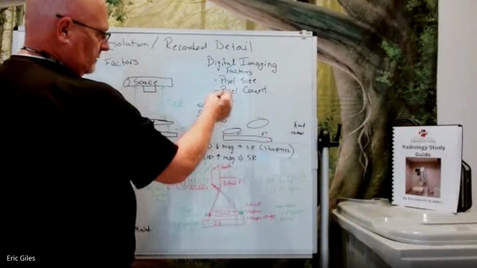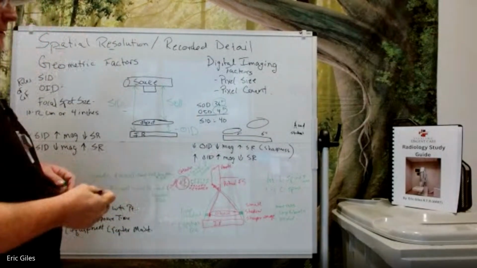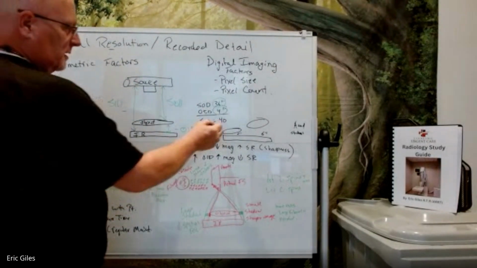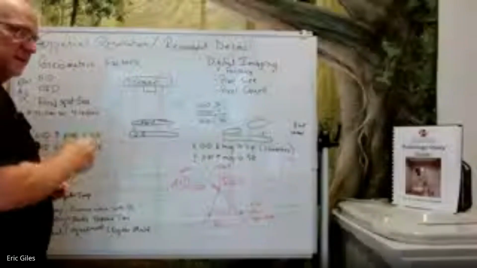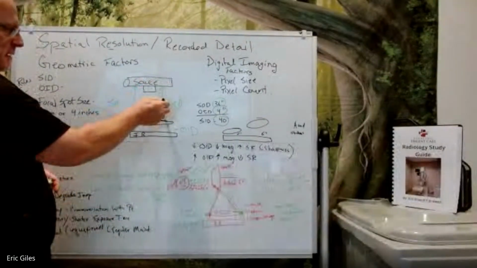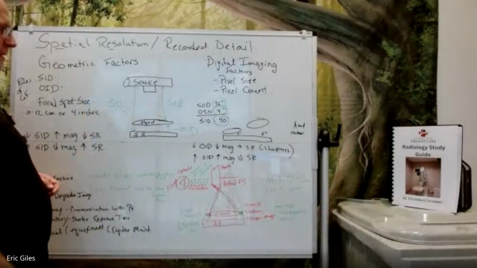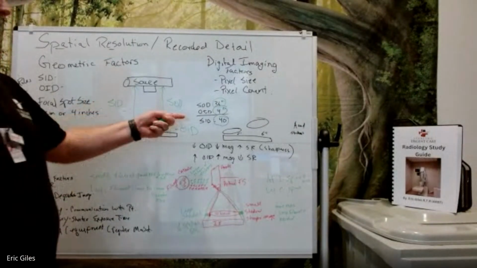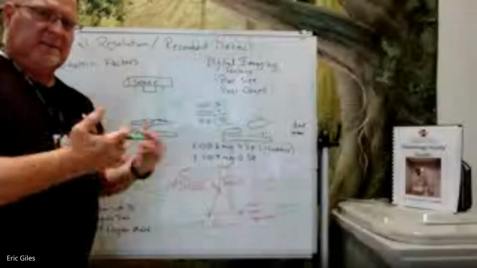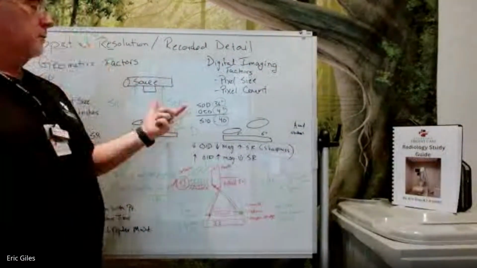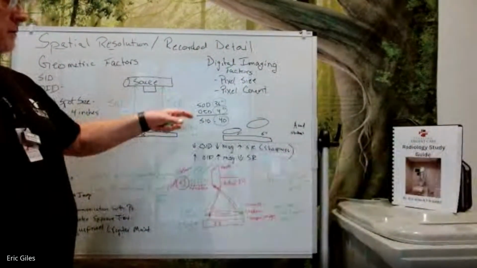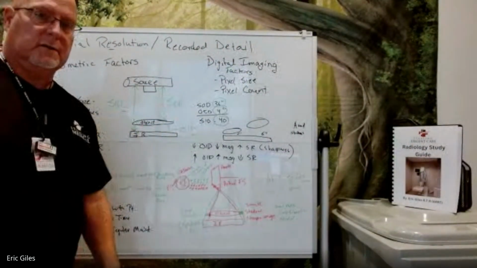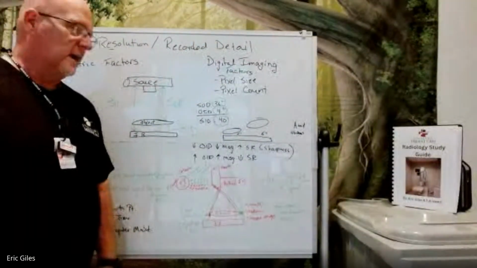Okay, so if we do our math here, 36 plus 4 is 40, right? That equals our source to image distance. So our SOD plus our OID equals SID. Now these can be extrapolated out any way to determine what the distance is for either your SOD, OID, or SID. Just by plugging in the numbers and doing the math.